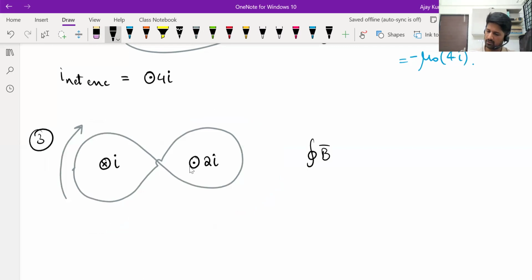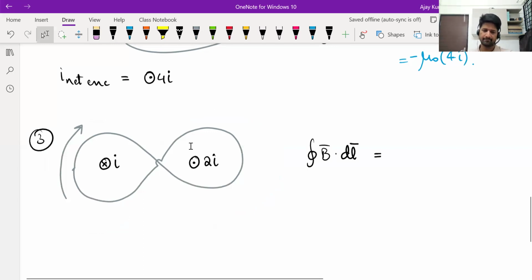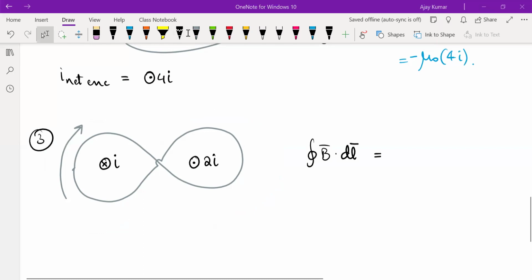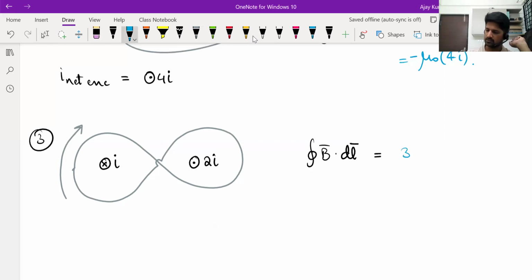Evaluate closed integral B dot dl for that. I got one answer as 3 mu naught I. We'll see.